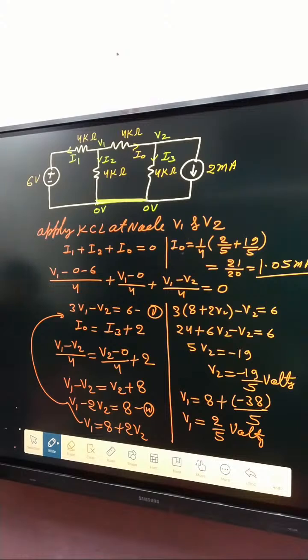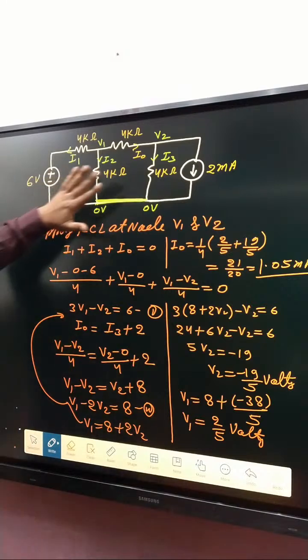I will explain again. If anyone faced doubt, then tell me. Sir, why put V1 in this equation? Because our motto is to determine V2. Our motto is to determine I naught.